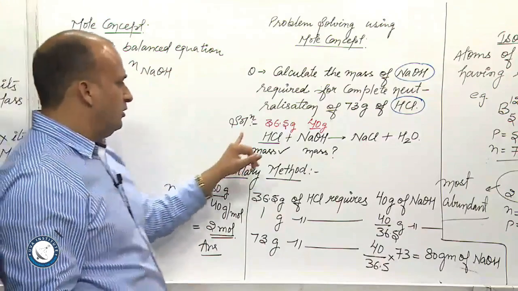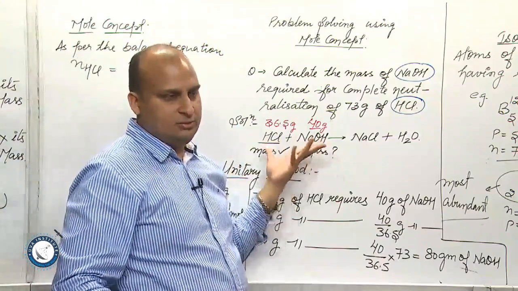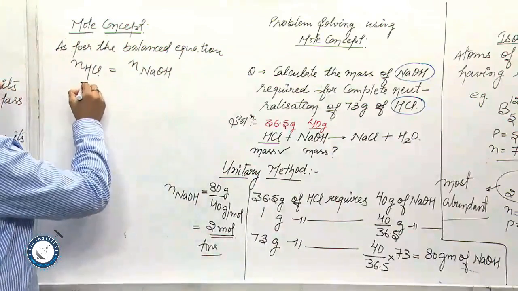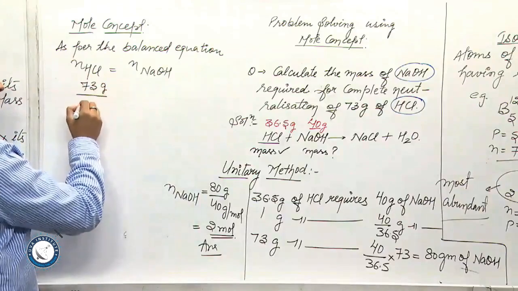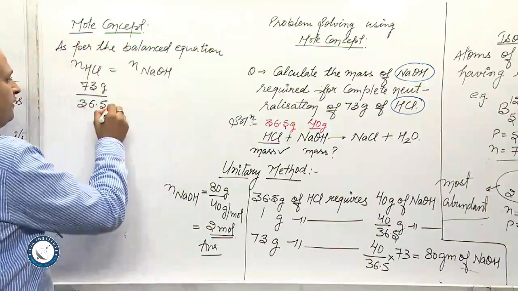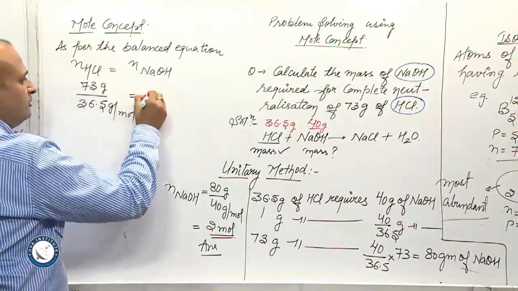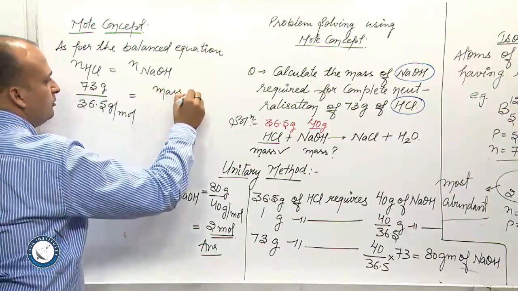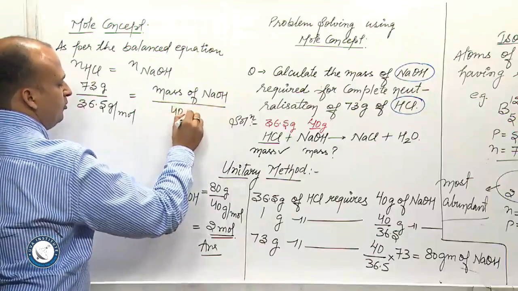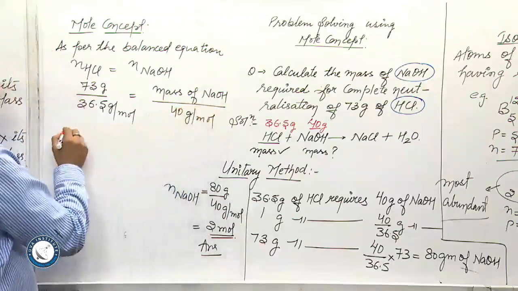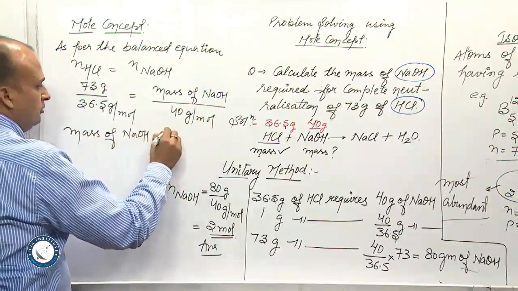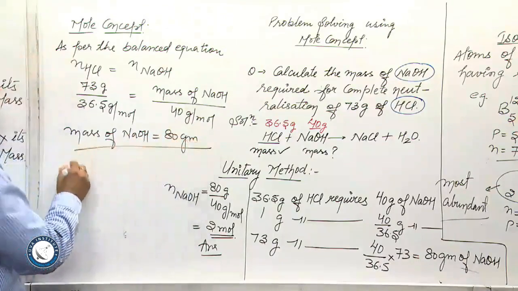You see, both are 1. 1 mole of HCl requires 1 mole of NaOH. Now, how many moles of HCl are given over here? The mass is given to be 73. The molar mass is 36.5. Right? Okay. Gram per mole is equal to mass of NaOH upon 40 gram per mole, which is the molar mass of NaOH. Now when you solve it out, mass of NaOH comes out to be 80 grams. Tell me.